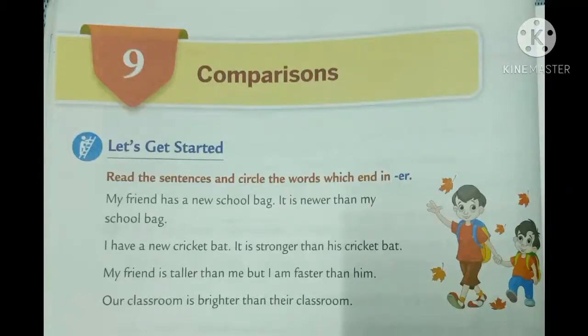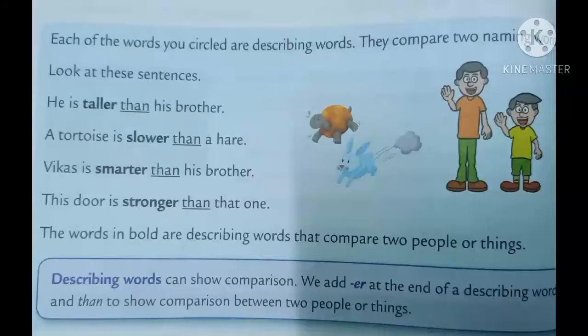Okay, children? Now, have a look over here. He is taller than his brother. A tortoise is slower than a hare. Vikas is smarter than his brother. This door is stronger than that one. The words in bold are describing words that compare two people or things.